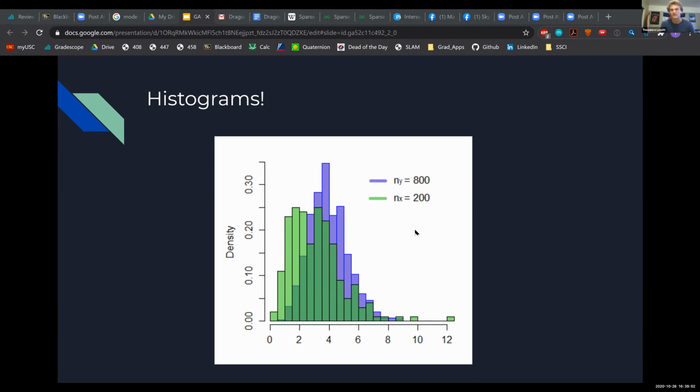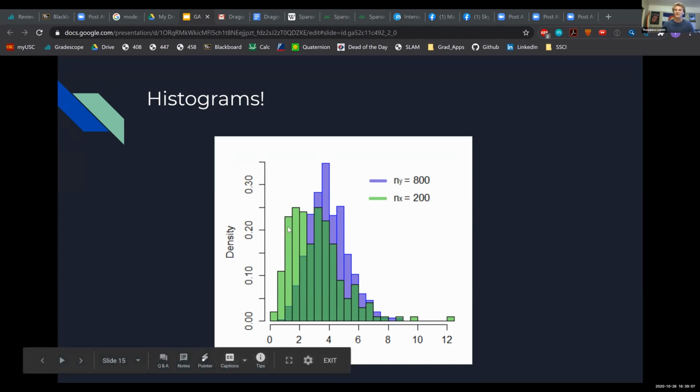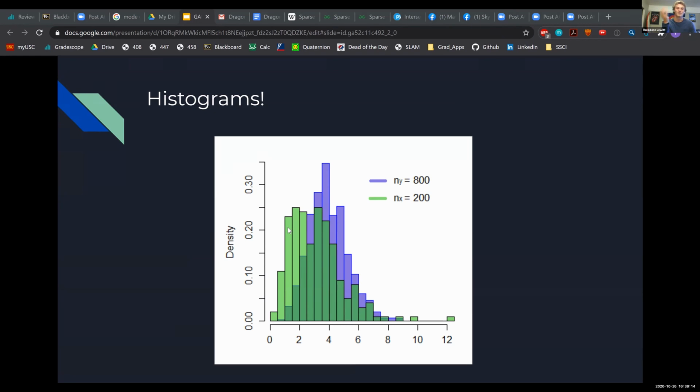But if they're different, then you're going to have areas where the green is a lot bigger than the purple, or the purple is a lot bigger than the green, depending on the differing probability distributions that these samples were taken from. And so that's the idea behind how we figure out whether a probability distribution is the same or different from another one.